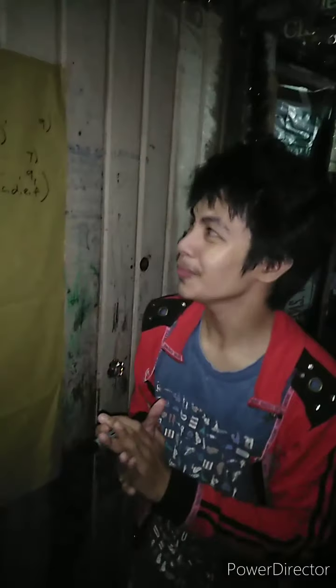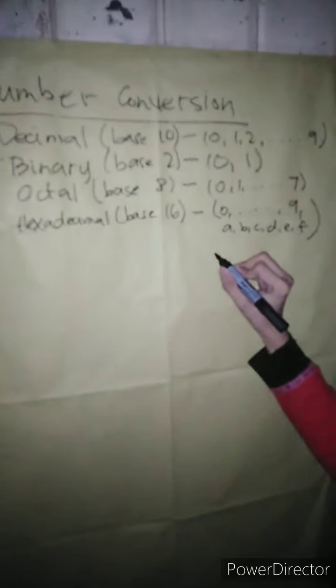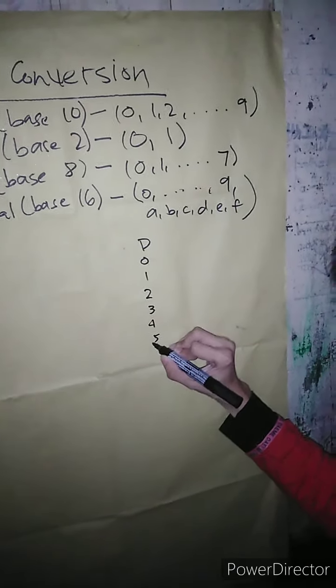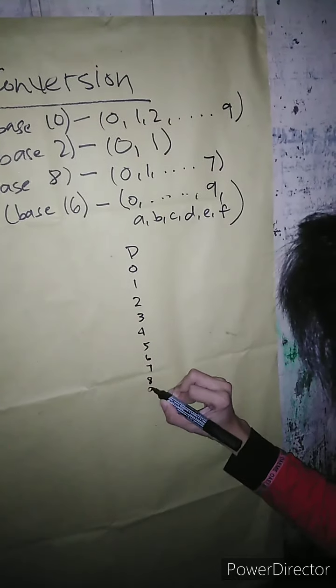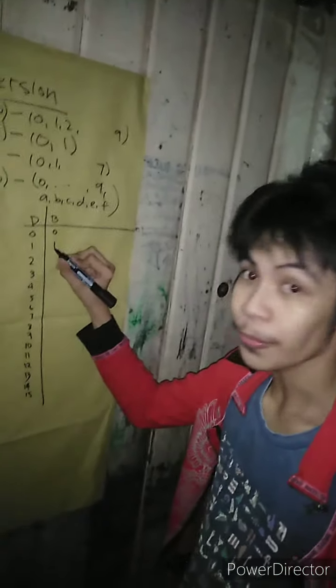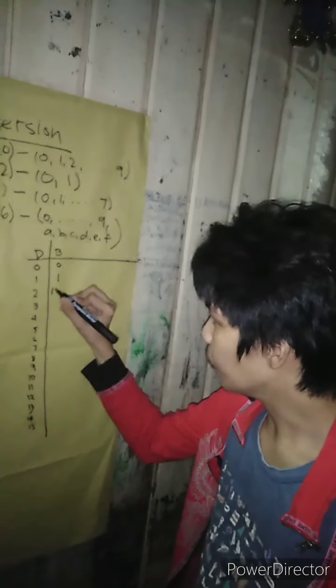So, paano yan sa conversion? Ganito. This is the decimal number: 0, 1, 2, 3, 4, 5, 6, 7, 8, 9. Tuloy natin hanggang 15. Ang binary conversion ng 0 ay 0, ang 1 is 1, this 1, 0.